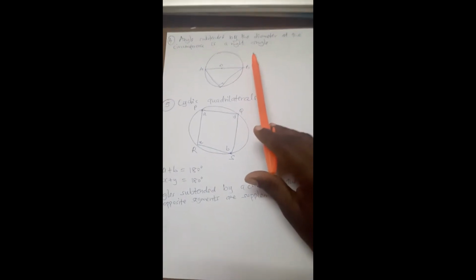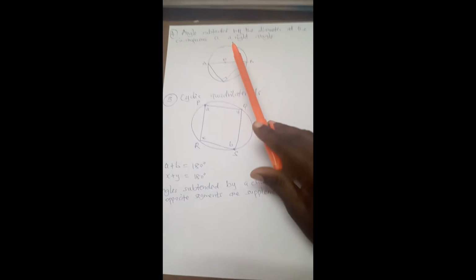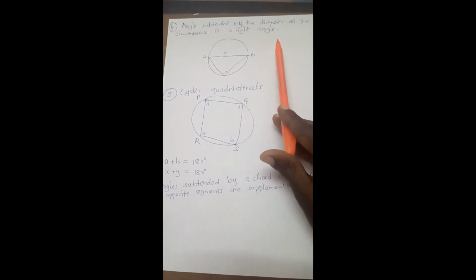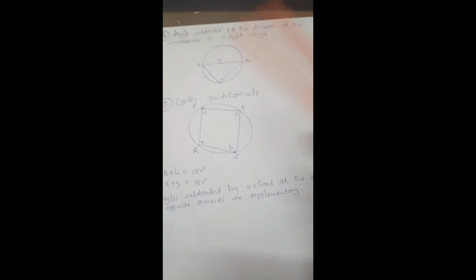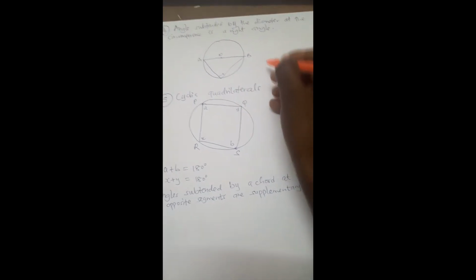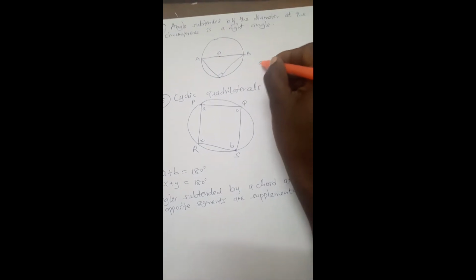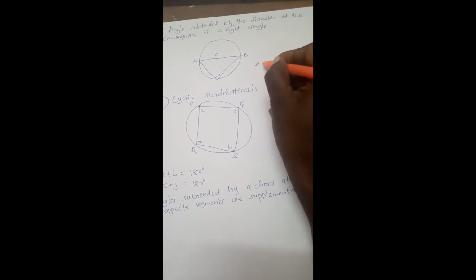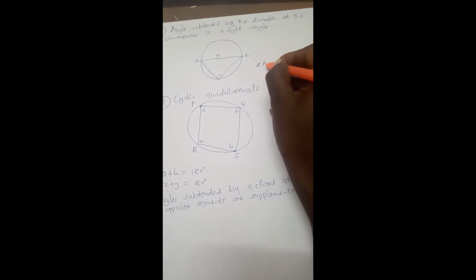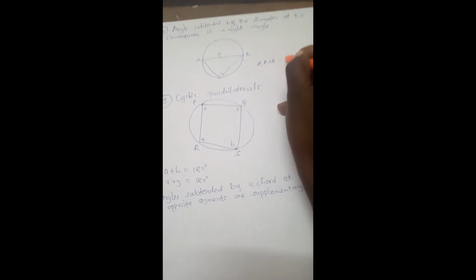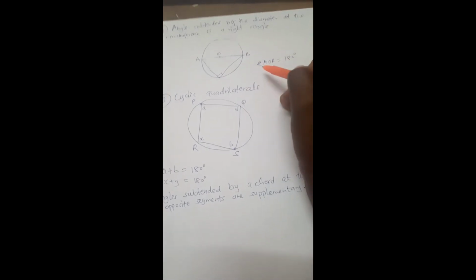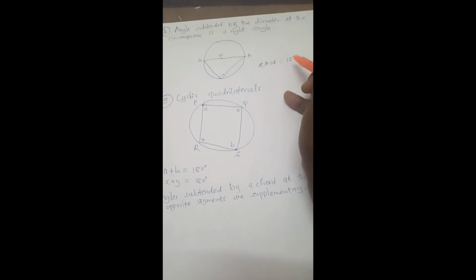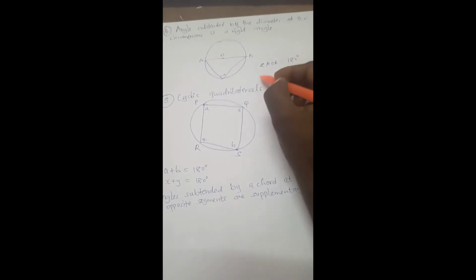Angle subtended by the diameter at the circumference is a right angle. Now, for this concept, we're going to apply the previous concept whereby we say the angle at the center, that is angle AOB, is equal to 180 degrees. And we know that this chord, AB, the diameter, is a special chord that passes through the center.